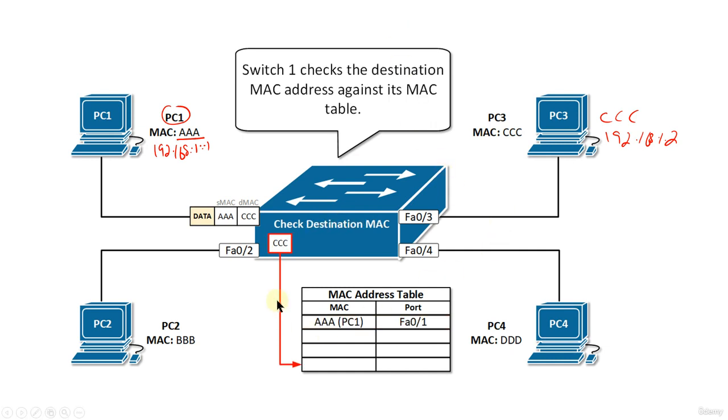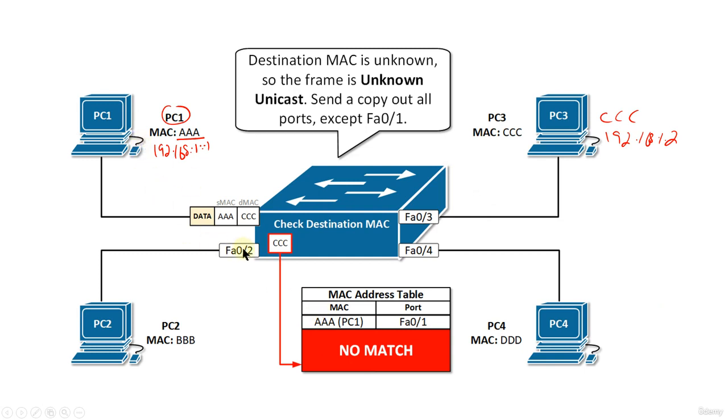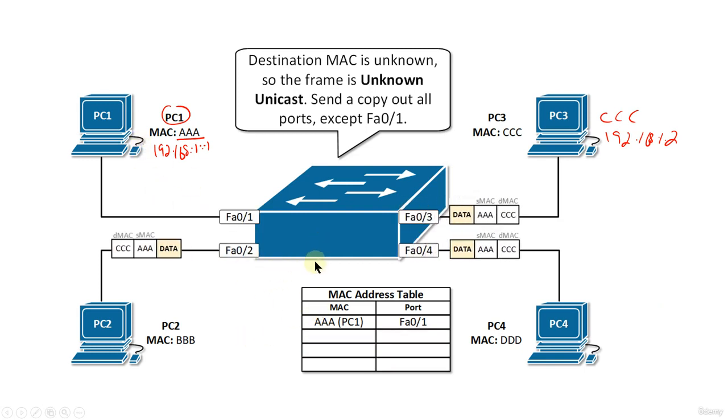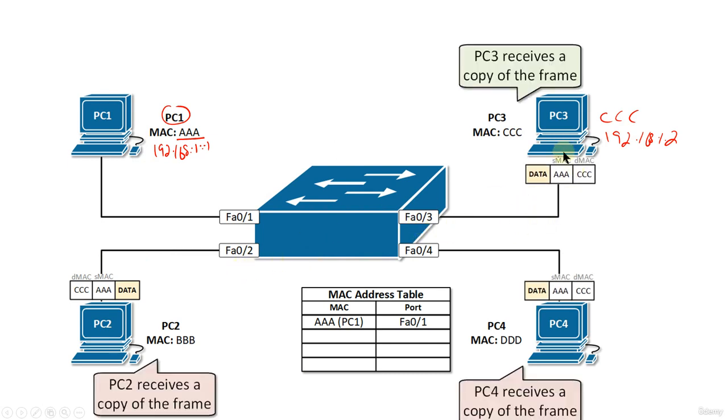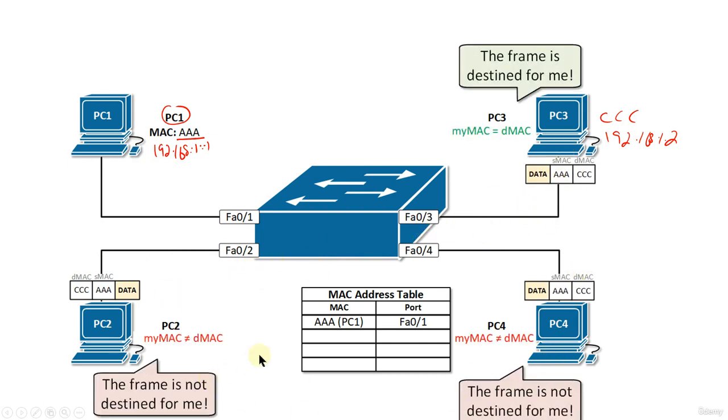Now, as you can see, the destination is unknown. So that is why it broadcasts all this traffic everywhere. But now you can see over here, PC2 looked into the destination IP address and said, no, this frame is not destined for me, because it is destined for 192.168.1.2.